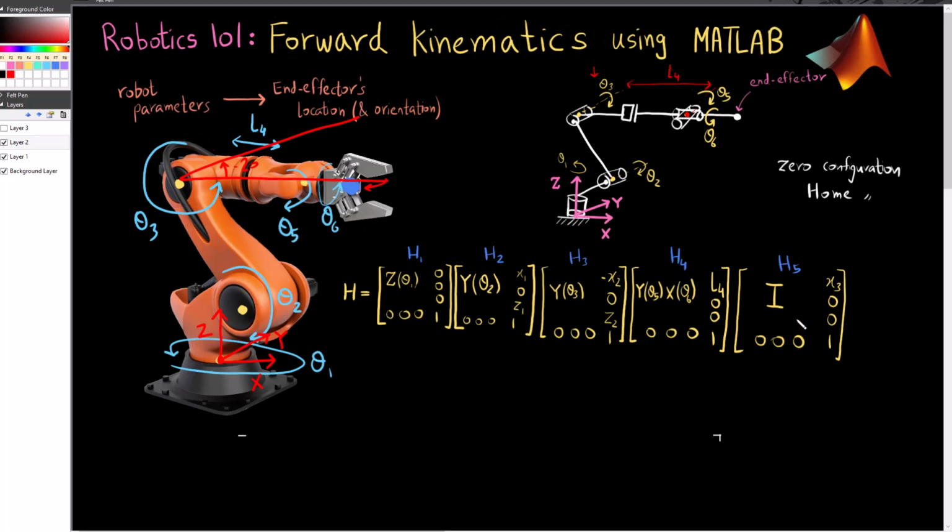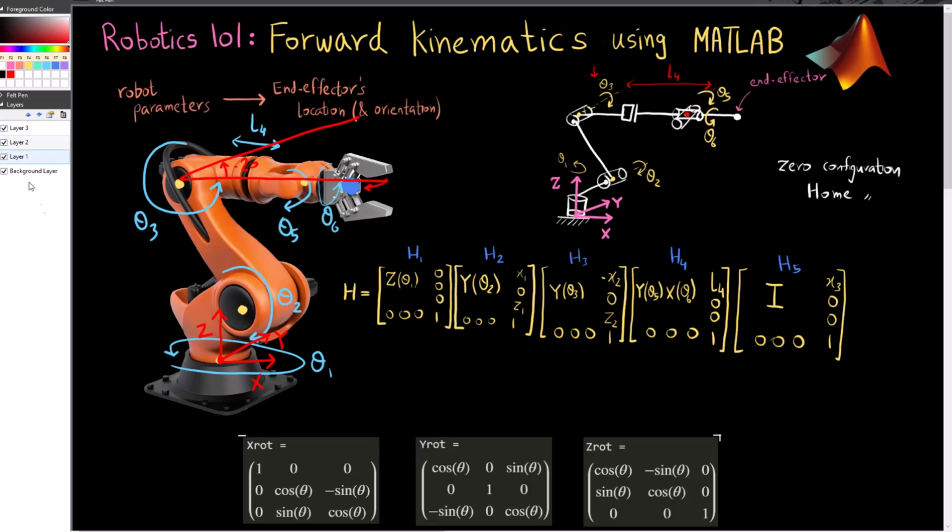I have done the forward kinematics, and this is literally all there is to it. And if you don't remember what the rotations are, x rotation is simply this matrix, y rotation is this matrix, and z rotation is this matrix. Now what we need to do in Matlab, or if you are doing it in Python or C++, is write out these homogeneous transforms separately and multiply them out.